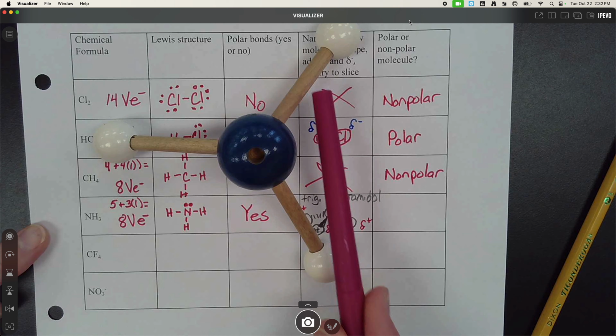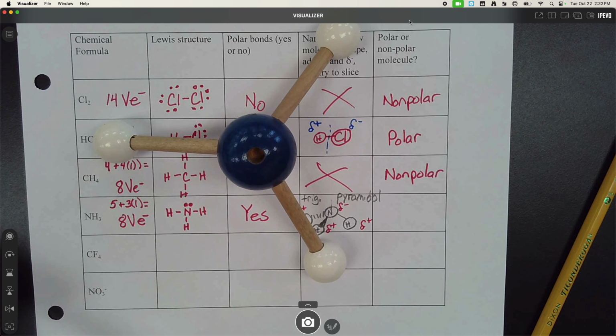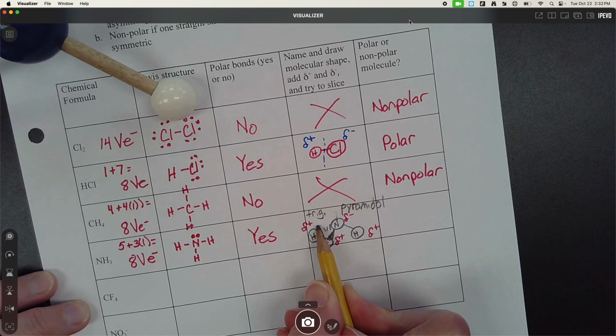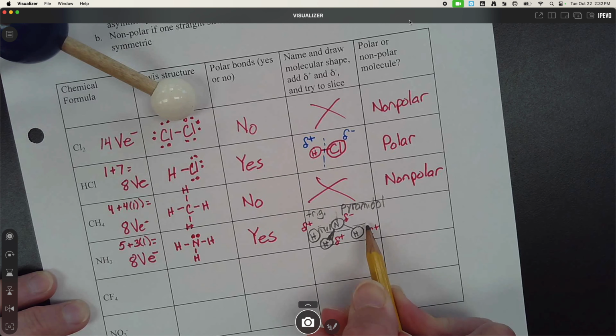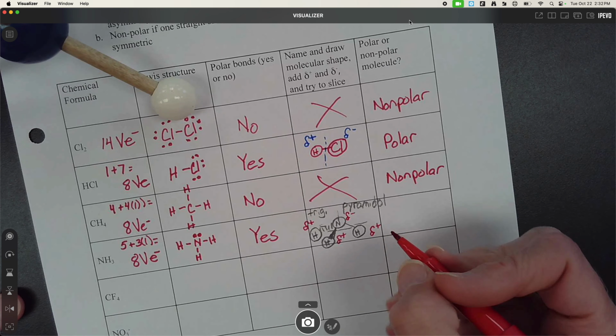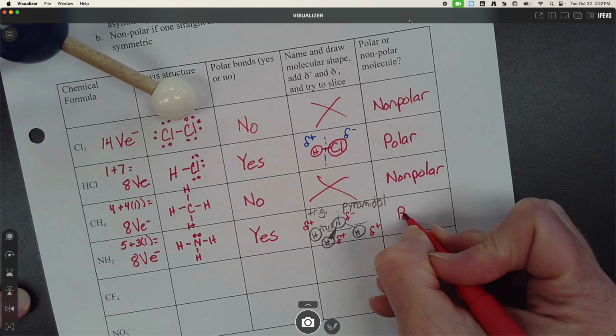If you had a real thin knife, you could basically cut the feet off this thing and separate them from the nitrogen. So you could basically run a slice right across there and lop off the feet. Since it has ends, we know that this thing is going to be a polar molecule.